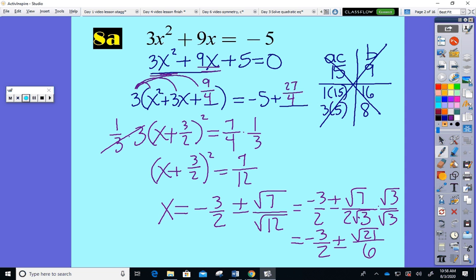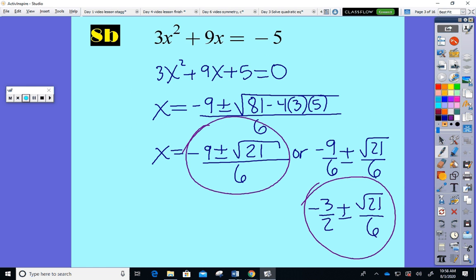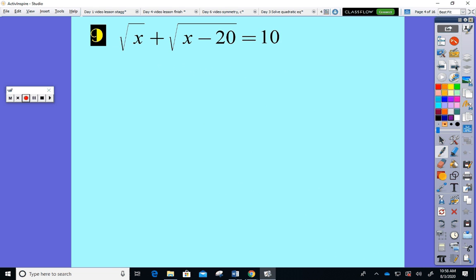Okay. So this is doable, but this class is about making choices that give you the course of least resistance. This is the better choice on this problem, don't you think? It's faster, it's easier to manage, all that stuff. All right, now, what kind of an equation is this? One with radicals. So that means we've got to be careful about extraneous solutions.